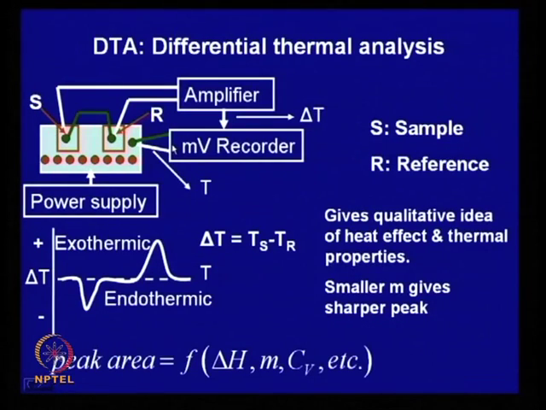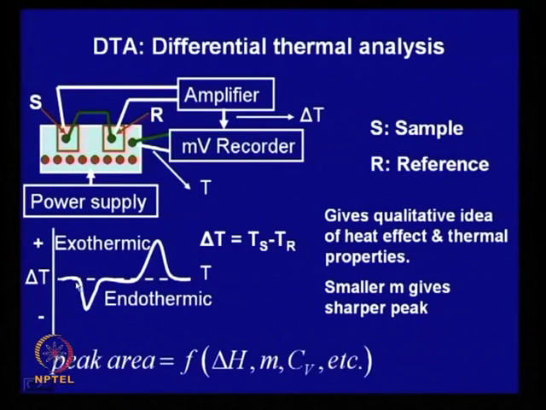And what you plot is this temperature difference between the sample and the reference standard against the temperature of this environment or surrounding, or basically you can say practically the temperature of the reference material. So, this is the type of plot you are likely to get, and this delta T, which is T s minus T r, is shown here.